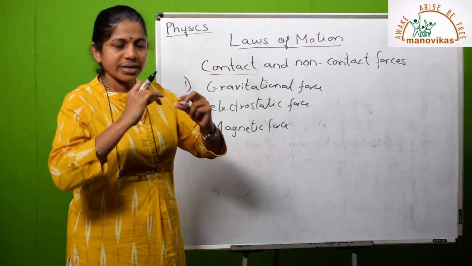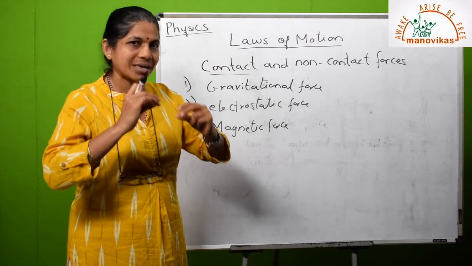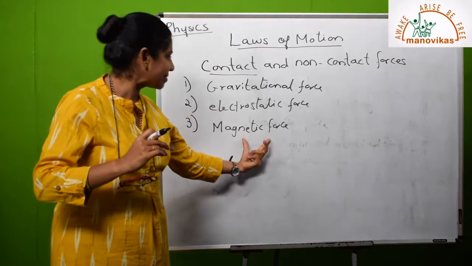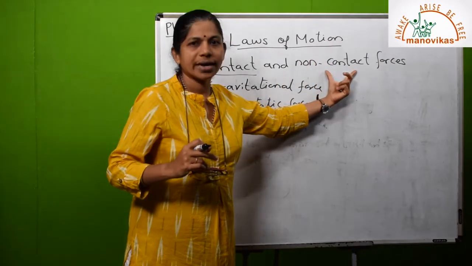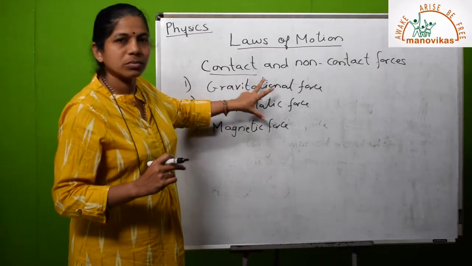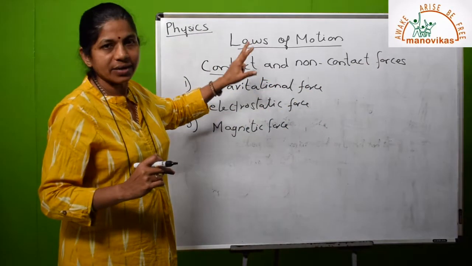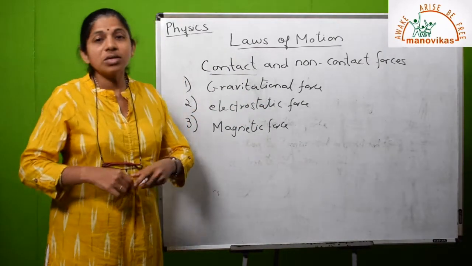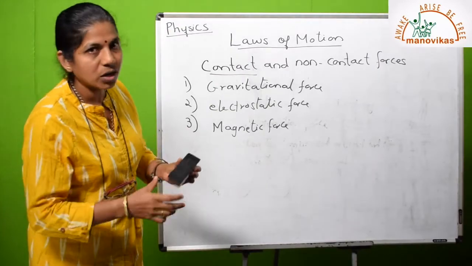The moment you bring them within the vicinity of the magnetic force, you find they attract each other. So that is another example of non-contact forces. Okay, so these are examples of non-contact forces. Now we come to Newton's first law of motion.